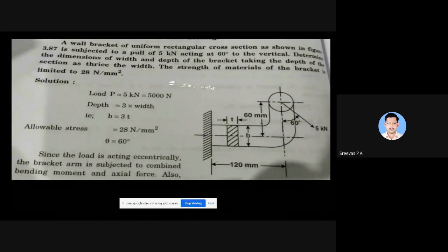Okay, you just think about how to solve it. Only some slight differences are there. All other things are similar to the problems we have discussed in previous classes.